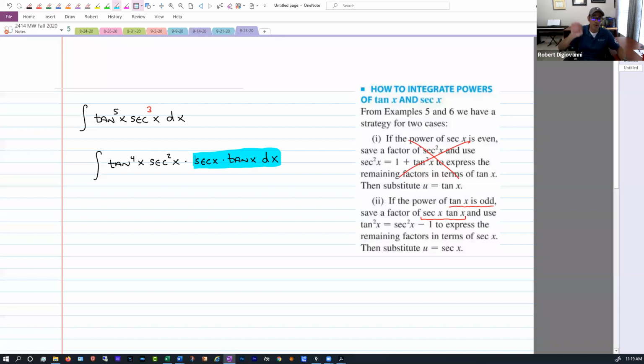That's the part that I want to be the derivative of something. That means that u has to be secant, because the derivative of secant x is secant x tangent x. So I know that u must be secant x, and du must be secant x tangent x dx. Is that all right, everyone?